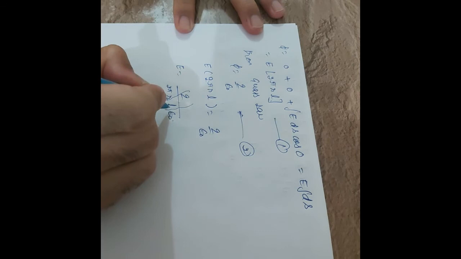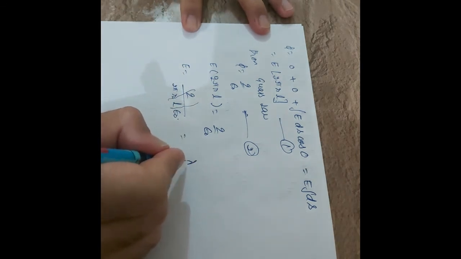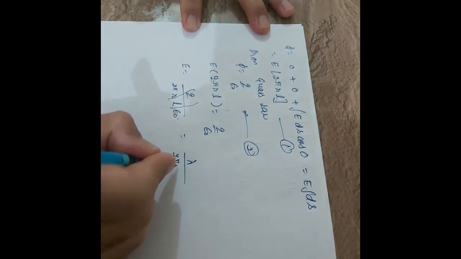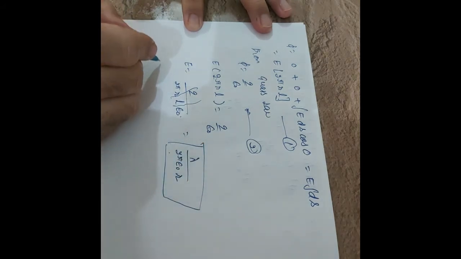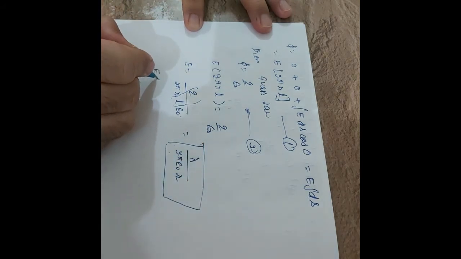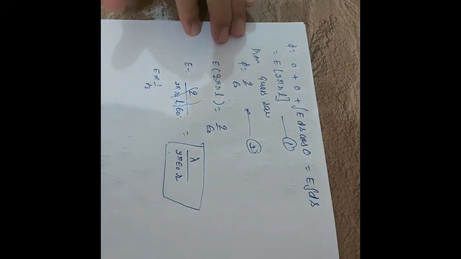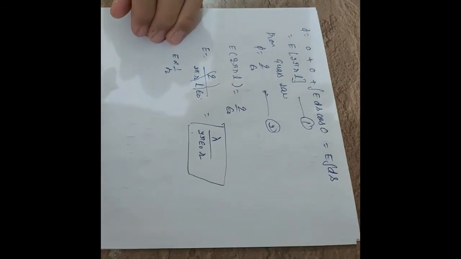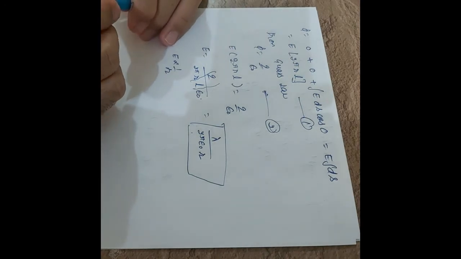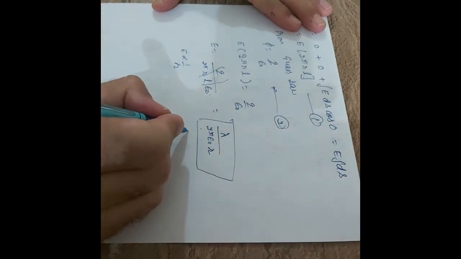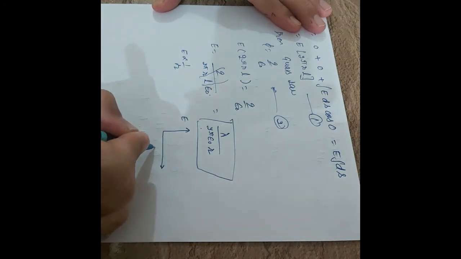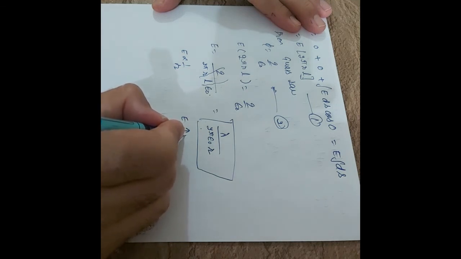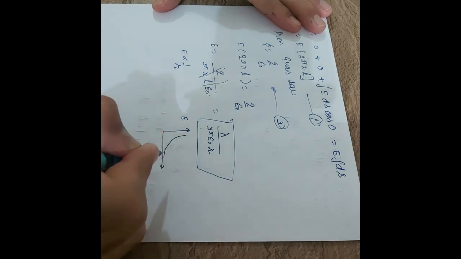And we know that q over L is the linear charge density, so I can say it is lambda by 2 pi epsilon naught r. So I can say that E is inversely proportional to r. What does it mean? It means that this is the direction of the electric field, this is r. So E is inversely proportional to r.